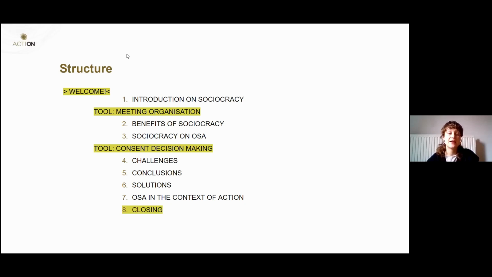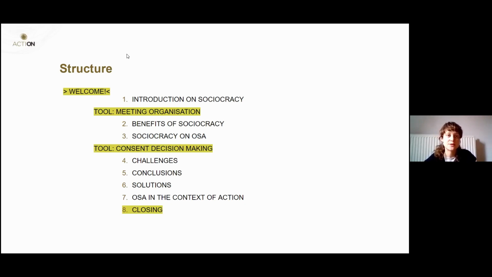And then afterwards, Anna is going to speak more about Open Soil Atlas, and we will speak about challenges that we faced and what we've learned from this experience. Also, we will reflect on solutions that would have made things easier for us and how the sociocratic structure works in the context of the accelerator itself.